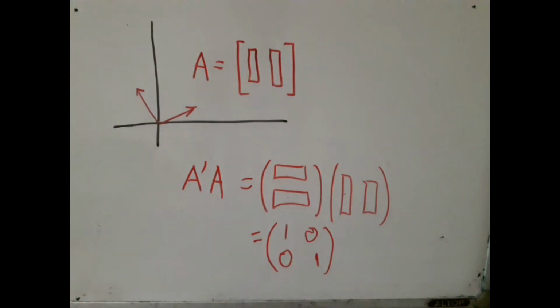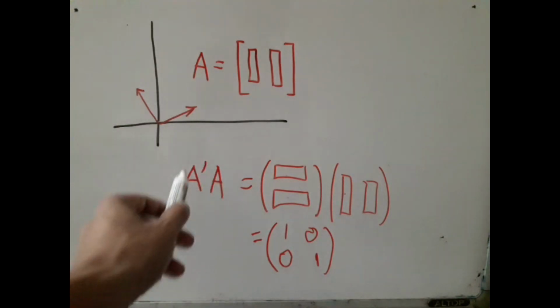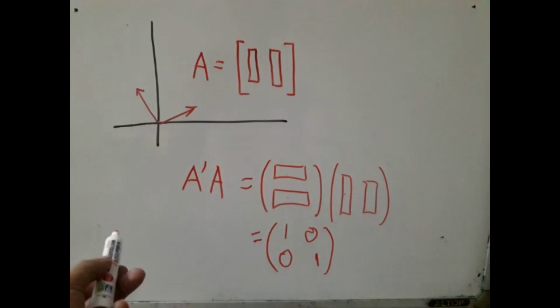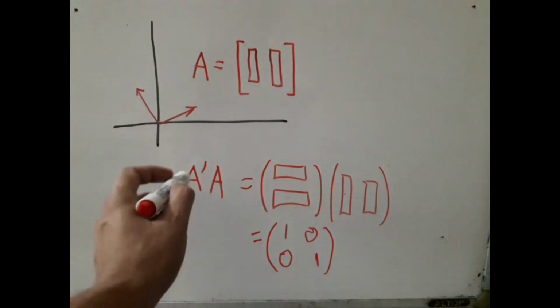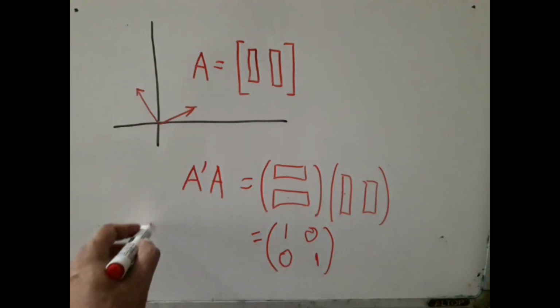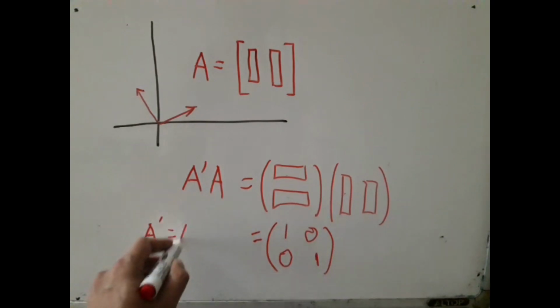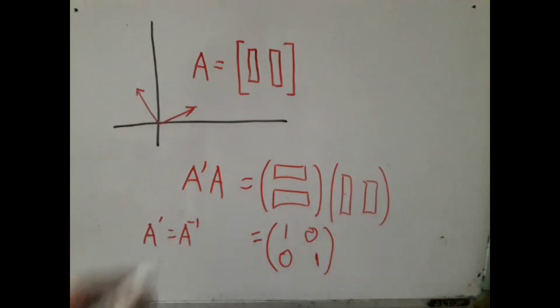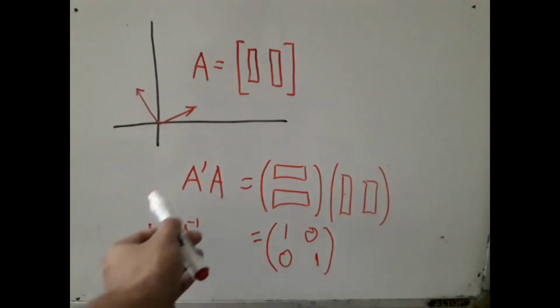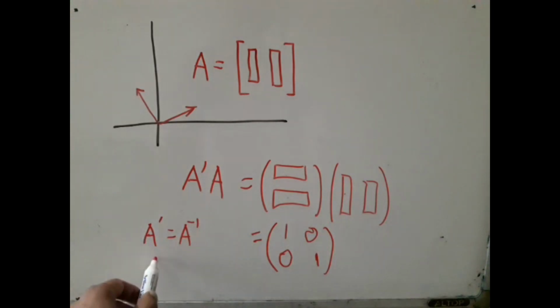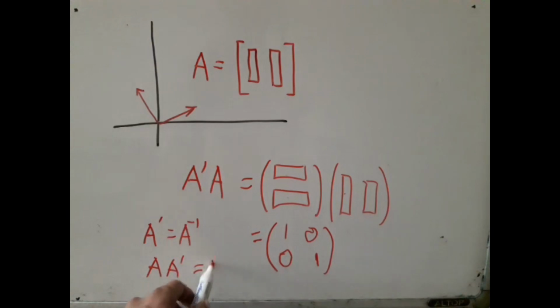Now, this also tells you something interesting. If I take A transpose, that will also be identity, because A transpose A is identity means A transpose is just A inverse. So any orthogonal matrix you see is also invertible. As a result, you can pre-multiply or post-multiply with A inverse. So I could as well have taken A A transpose equal to identity.